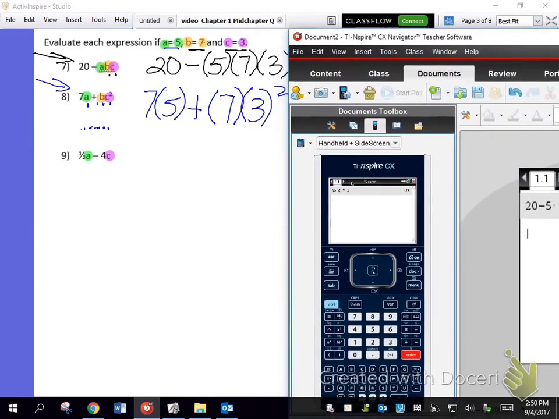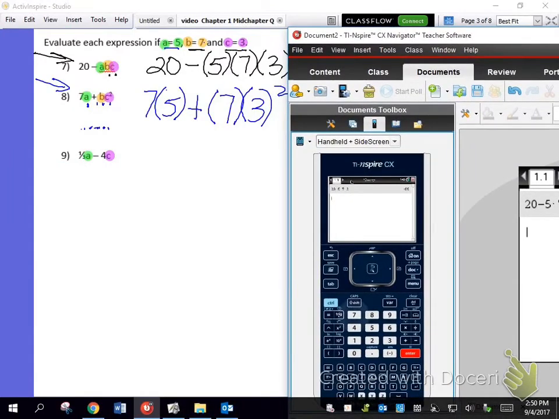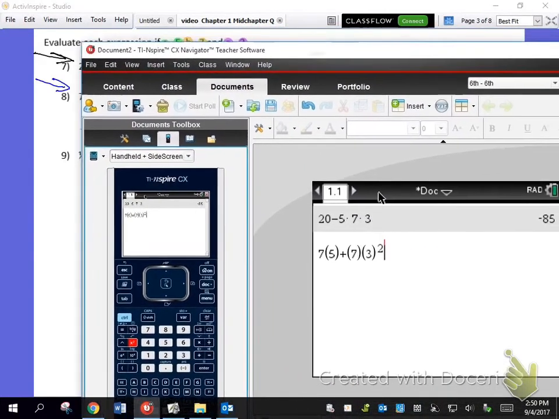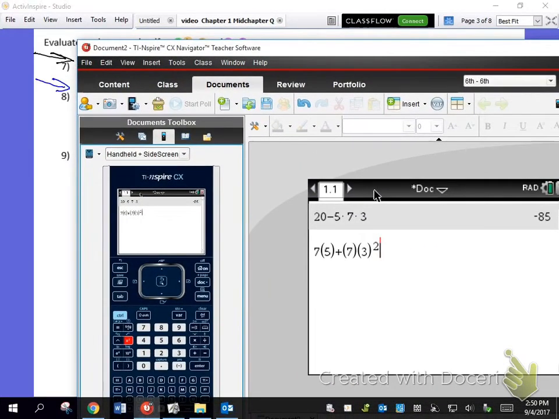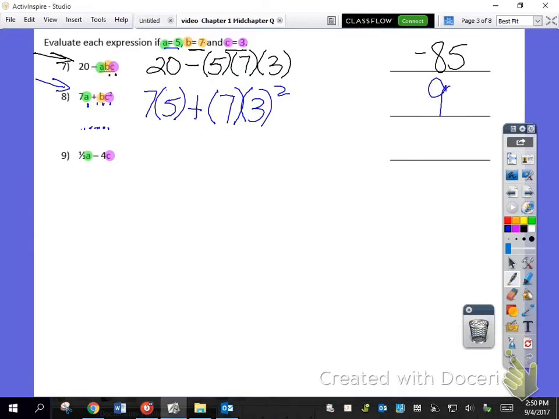On the next one we got 7, parentheses, 5, close parentheses, plus, and then you have parentheses 7, close parentheses, open parentheses, 3, close parentheses. And remember when you had the exponent 2, you just put the exponent 2 button. Now, I'm going to let you see that. See, that looks just like your problem on your paper. And then hit enter. And the answer is 98. So your answer right here is 98.